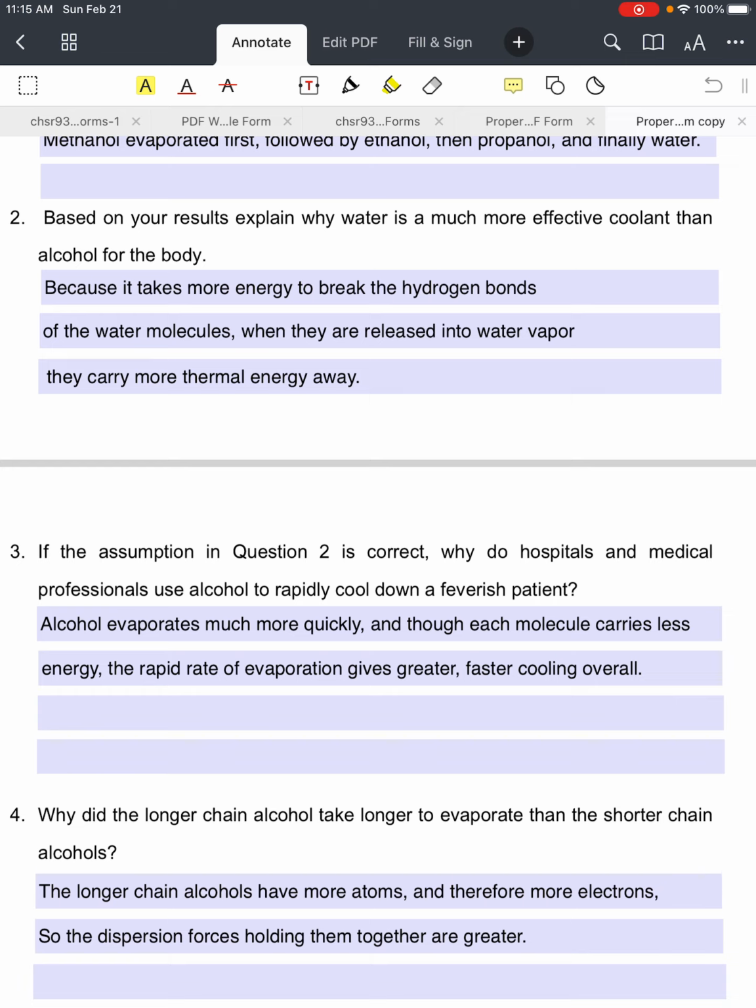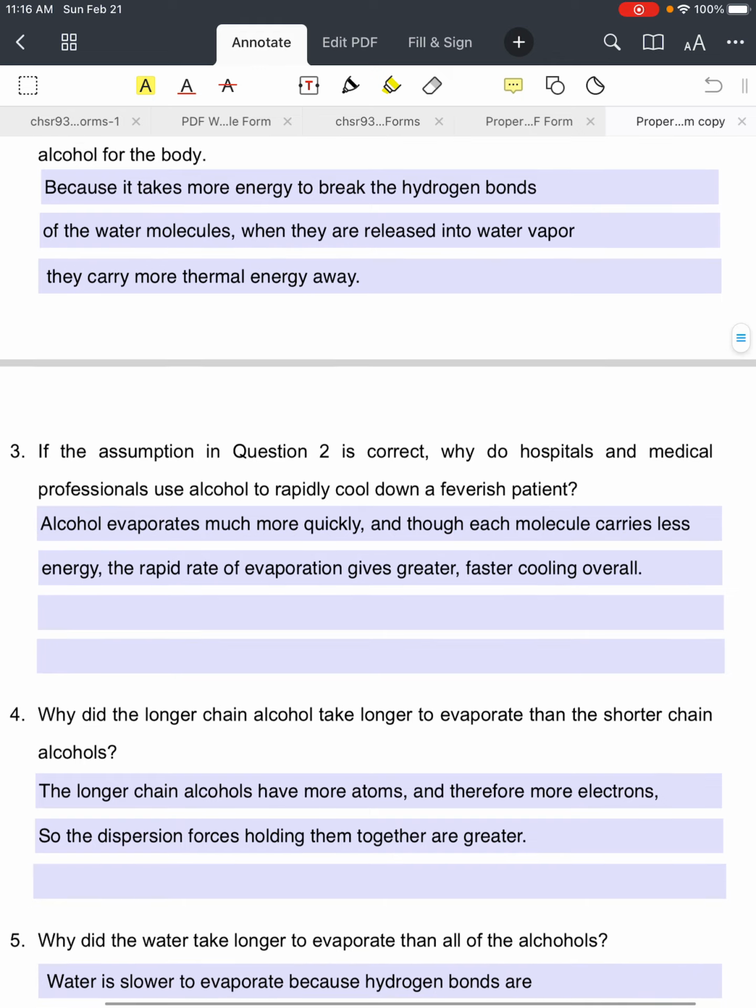Well, the more atoms you have, the more outer shell electrons you have to produce these dispersion forces. And therefore, as I wrote here, the longer chain alcohols have more atoms and therefore more electrons. So the dispersion forces, one of the 2 types of van der Waals forces, holding them together are greater.